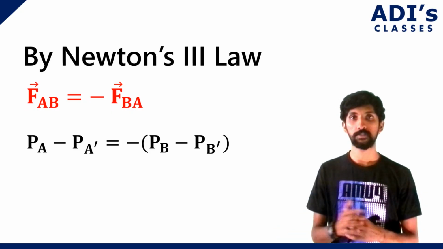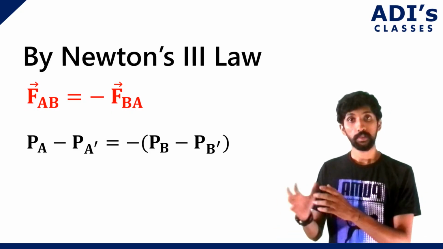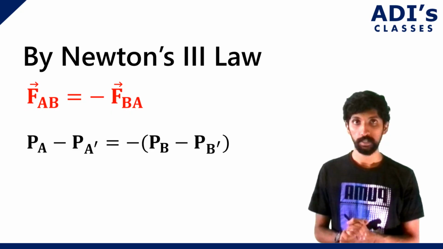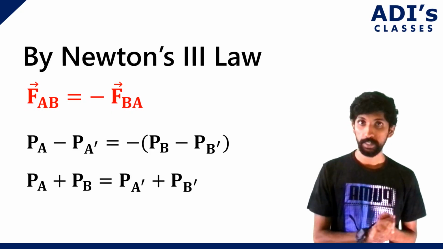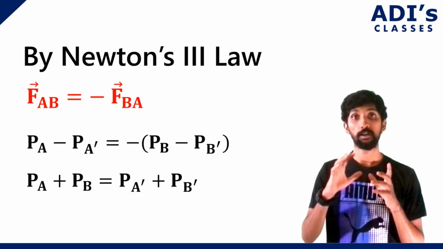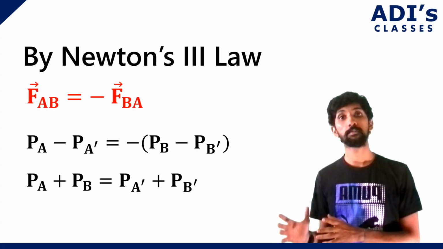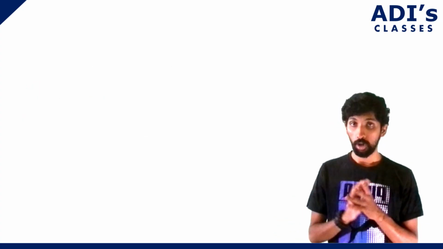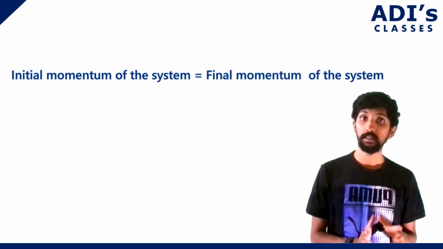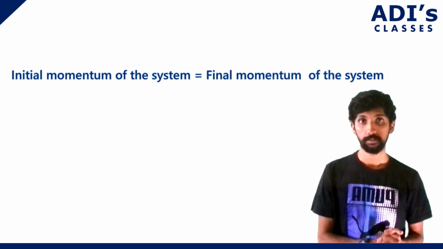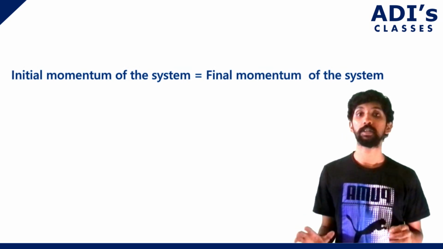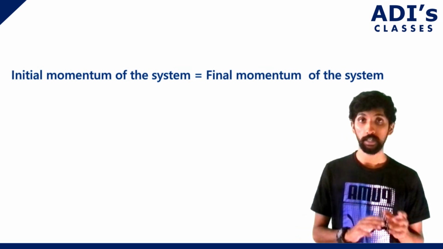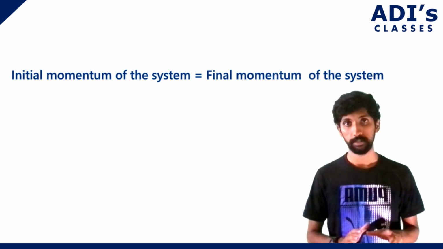If you transpose them, you will get PA plus PB is equal to PA dash plus PB dash. That is, the initial momentum of the objects is always equal to the final momentum of the objects. Understood? So this is what we say, that conservation of momentum is true for any object.